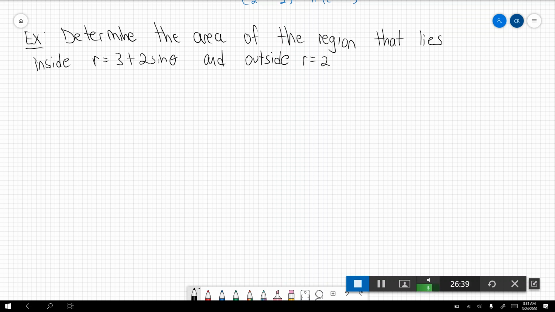Alright, so what I want you to do is get a really quick sketch of what this looks like. Try to get a good sketch as to what this looks like.